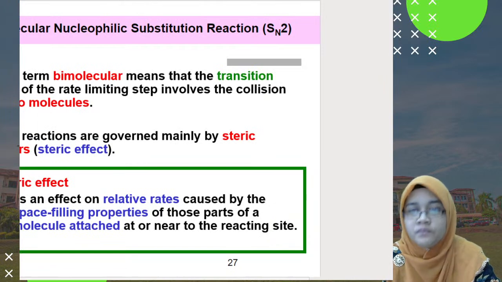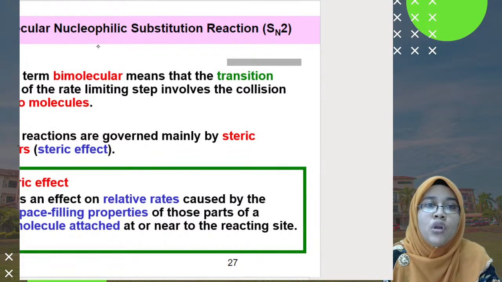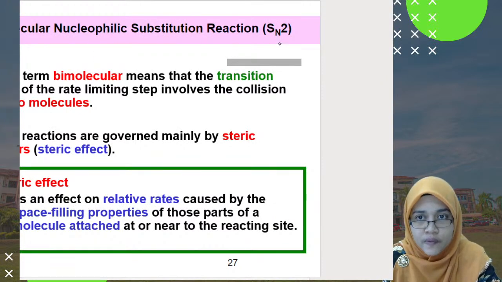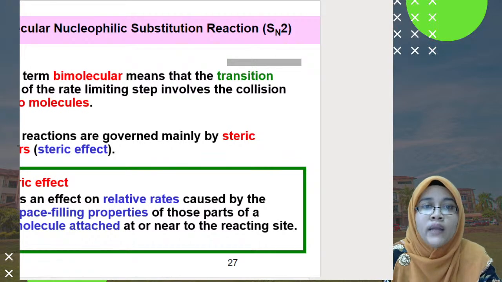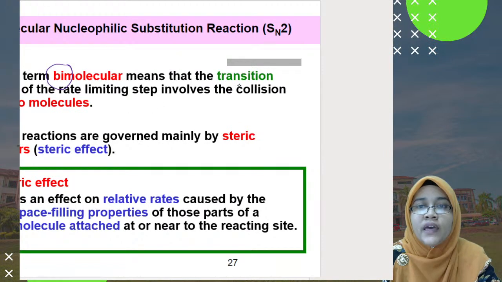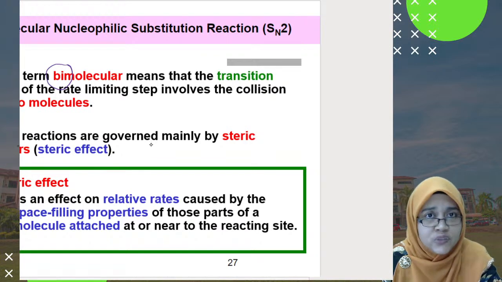For SN2, we have bimolecular nucleophilic substitution. 2 is bimolecular, two molecules, meaning that the rate limiting step involves the collision of two molecules. SN2 reactions are governed mainly by steric factor, steric effect or steric hindrance, whatever.